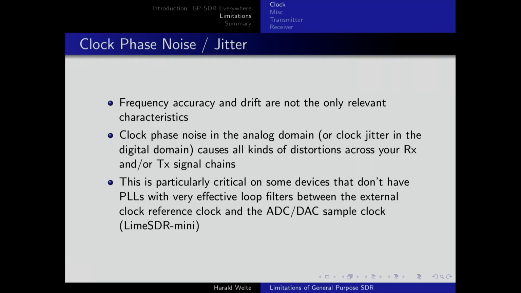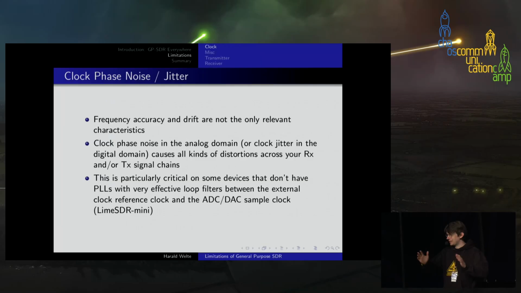When you sample a signal from the analog to the digital domain, it's required that your sample times are at precisely equidistant points in time, so that the digital representation of the signal actually represents the analog signal. But if your sample times are jittering around, then you get completely bogus results and all kinds of mess in your signal.